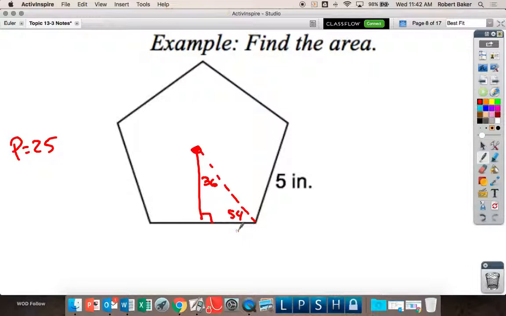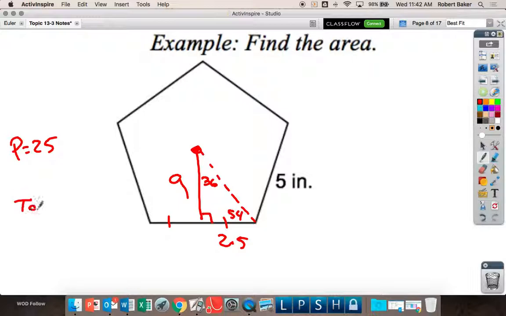So if one side length is 5, that means each piece is 2.5. So you're really looking for the apothem right here. You can use tangent, and make sure your calculator's in degrees when you do it.